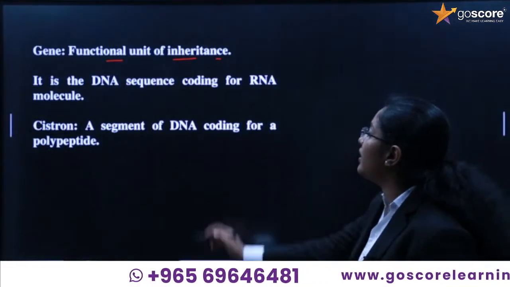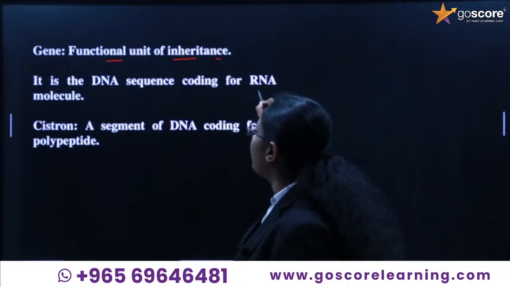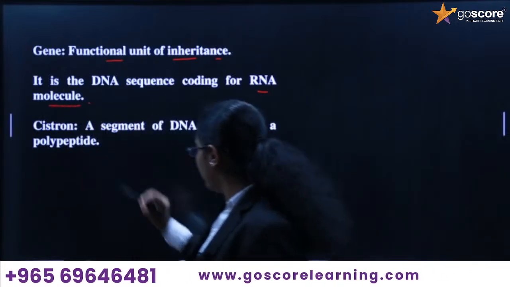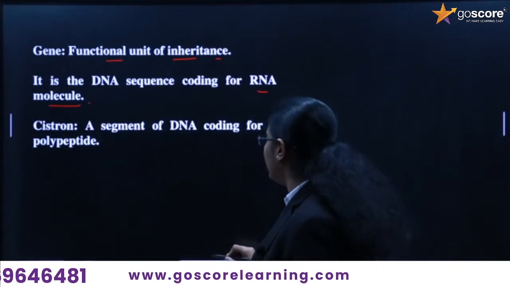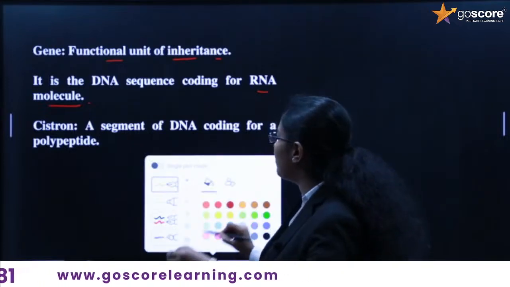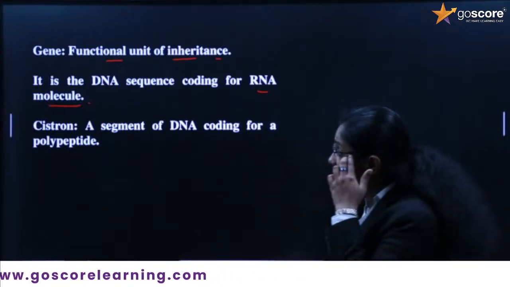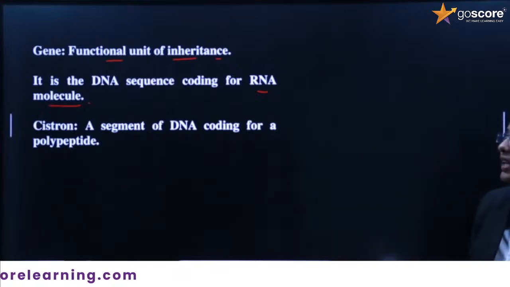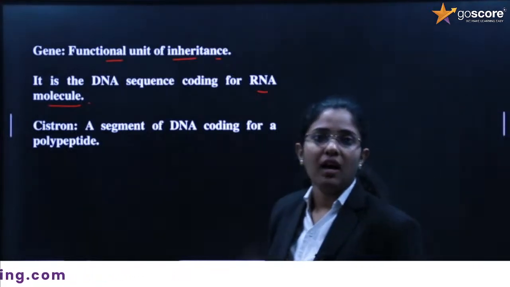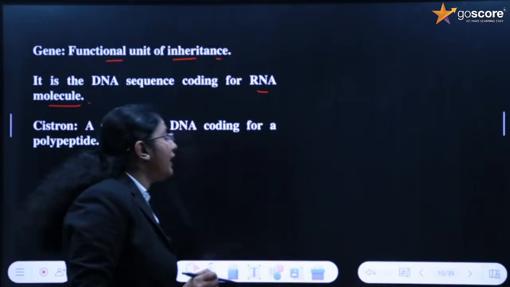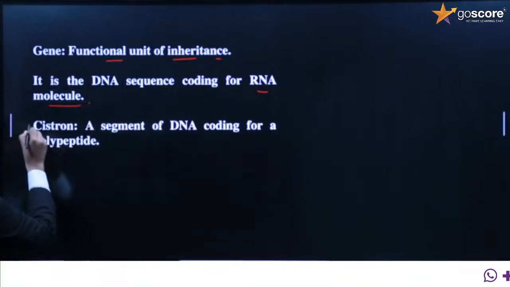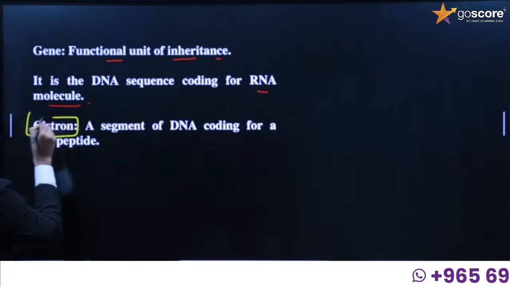It is the DNA sequence coding for an RNA molecule. In a little more advanced way, we can define a gene as the DNA sequence which codes for the RNA molecule. Next, what is a cistron? It is very important.